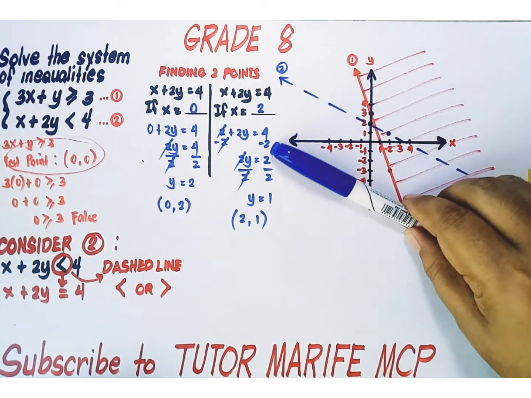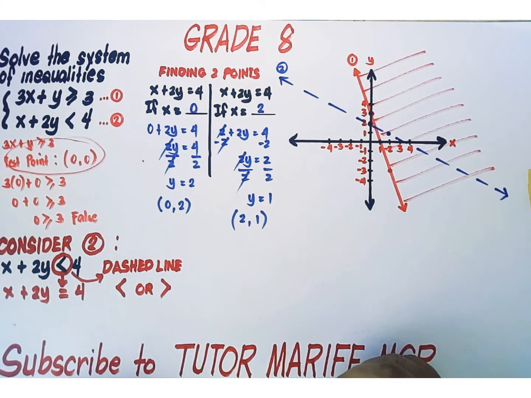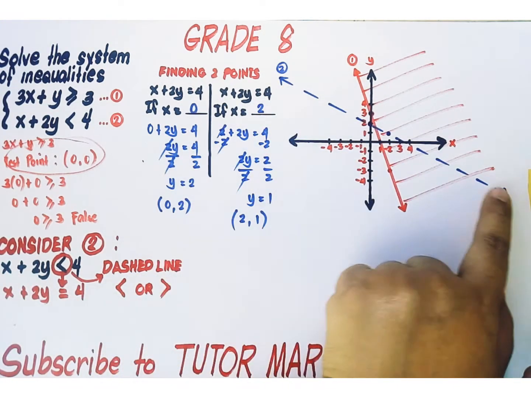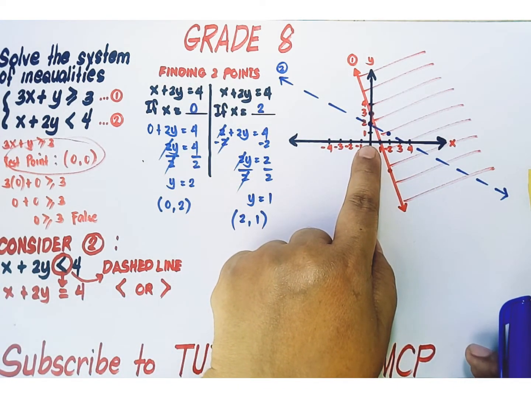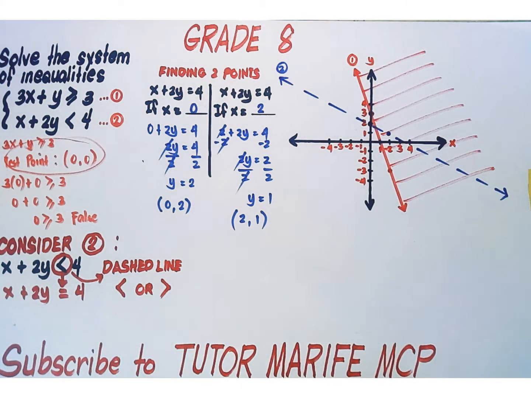Which one are we going to shade? Again, we're going to pick the origin as our test point. Why the origin? Because it is not on the boundary line. Okay? So, remember that the x and y coordinates of the origin are both 0.